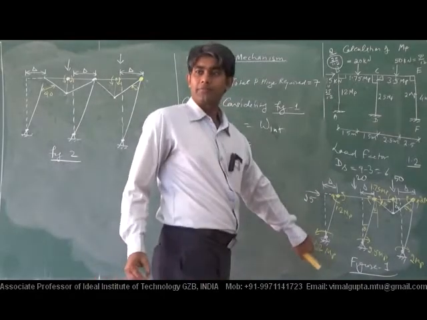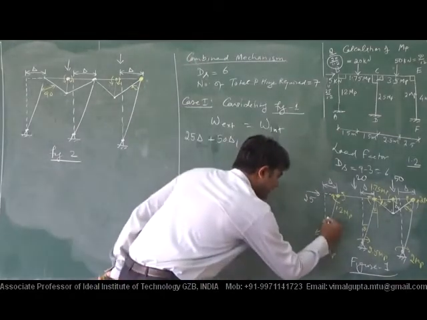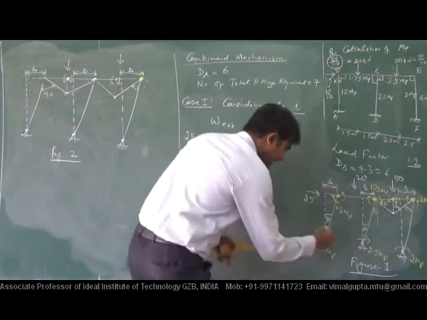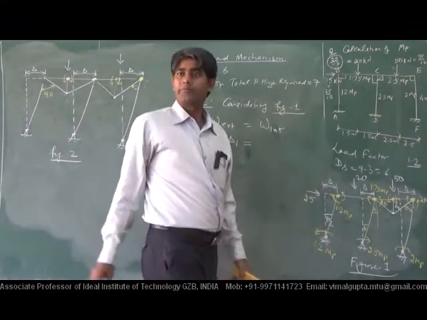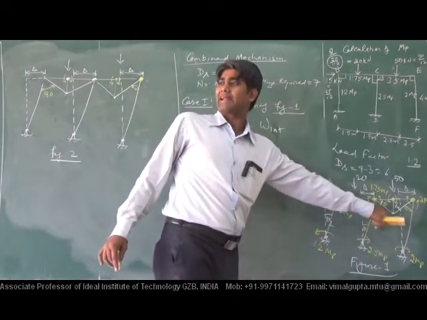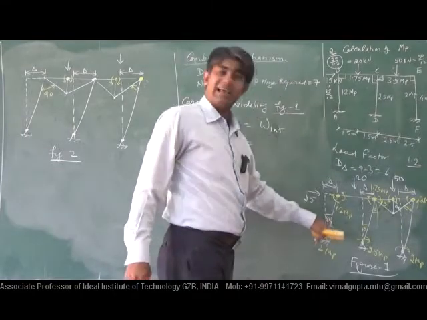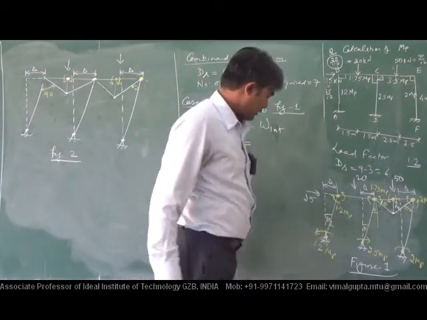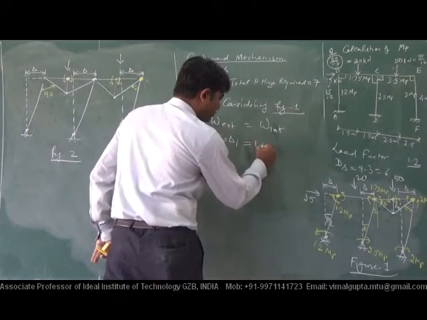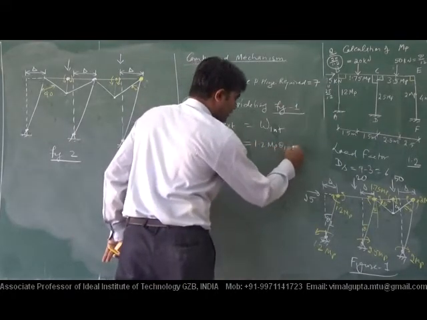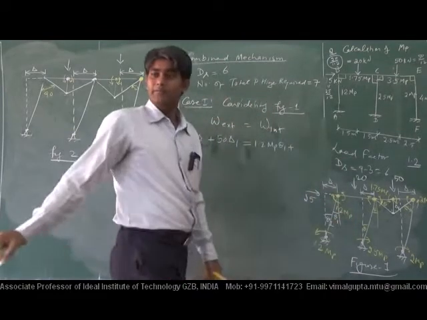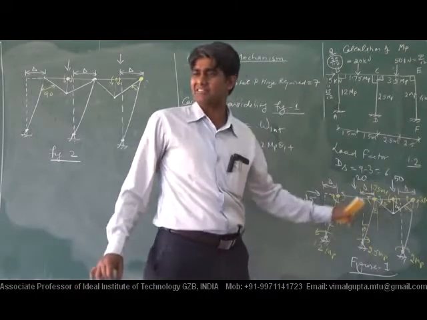Start from here. If that rotation is theta, I have taken here theta, so write it as theta 1 because I have written here as theta. So it is 1.2 into MP theta 1 plus that will also be theta 1. Let us locate the angles first of all.